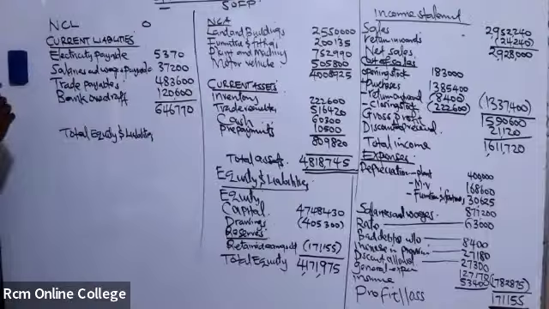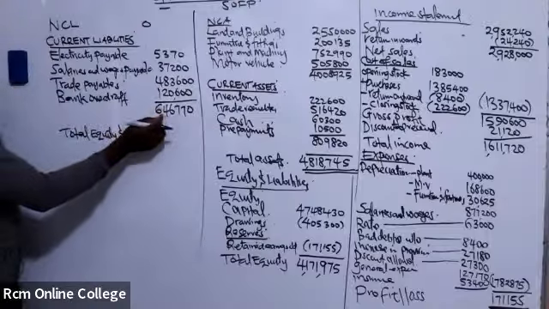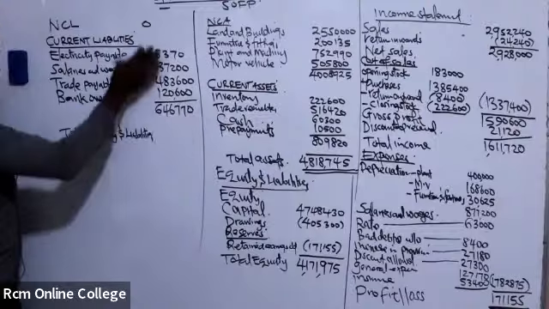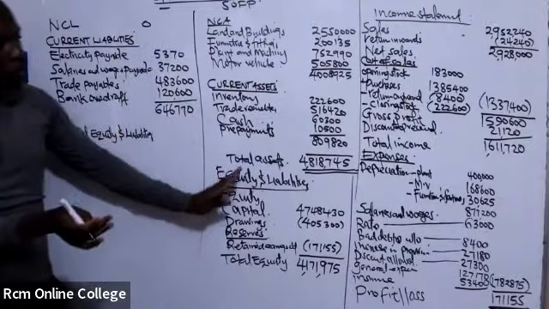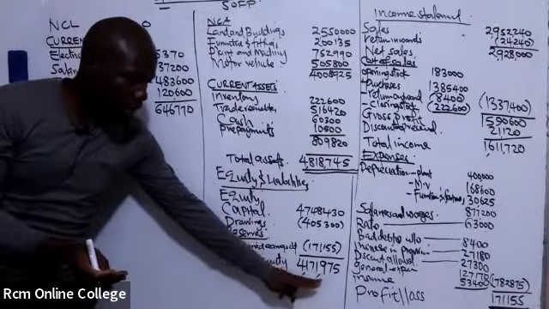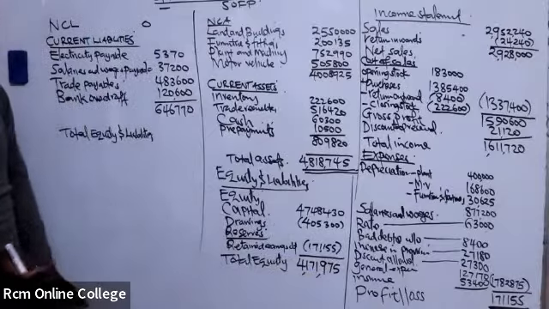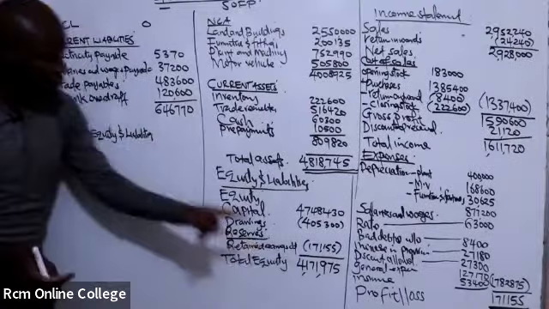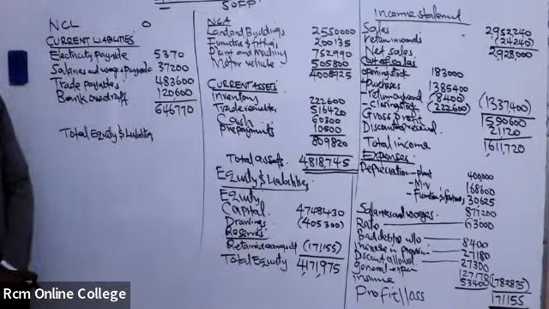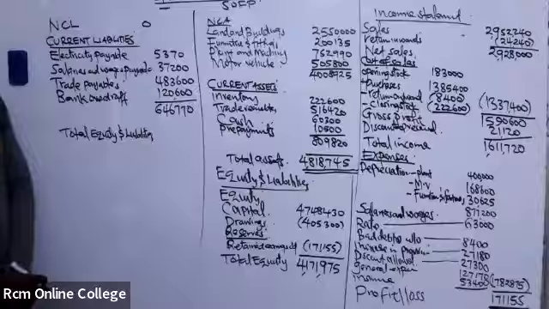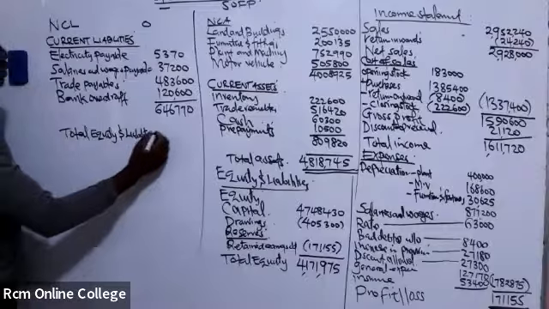Now, can we go ahead and take 646,770, which is the current liabilities. Then total equity is 171,975. Can we add all that? In other words, take this plus this one here. What are you getting? Give me your answer. Just give me that answer, then we'll agree. 818,745.